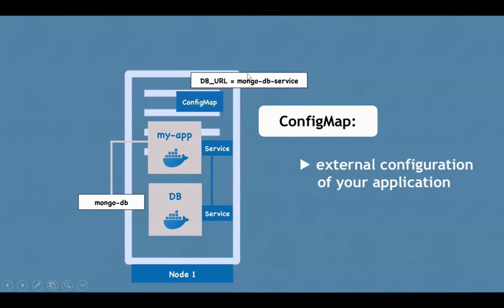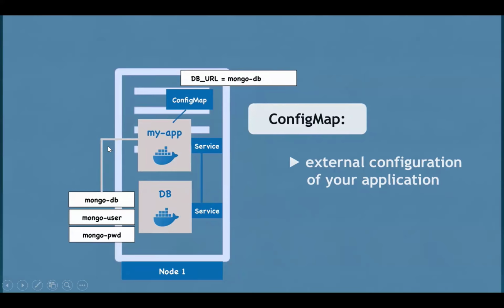If the database URL is like this, you can directly go and change it. So it is the external configuration of your application. All these components we will look at when we do the project. So the third component is the config map. Config map basically contains all the configuration required for your application. That's the third one.